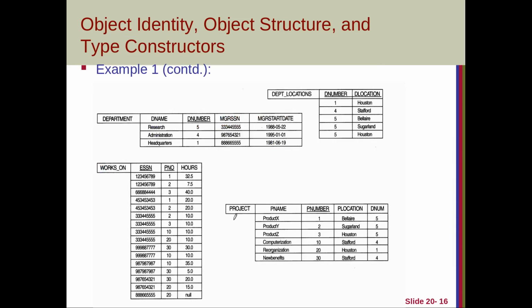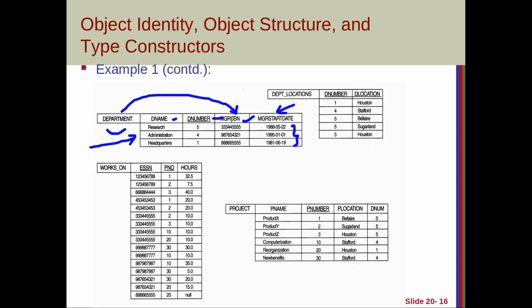Then we will see some more relations. This is a relation called department, where we have department name, department number, the social security number of the manager, and the manager start date, from which date onwards he is acting as the manager. This is the description of each department: research, administration, and headquarters, with their department numbers, manager social security numbers, and the date from which he is the manager.